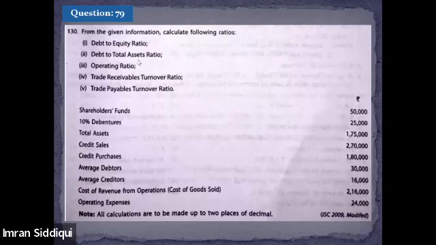Yes, sir, average debt. Here debt means the liability, I'm not talking about the debtors. So non-current liability is 25,000 only. You need to divide 25,000 by 1,75,000, so you will get 0.14:1. You understand that? Yes, sir. Okay, tell me the next answer.